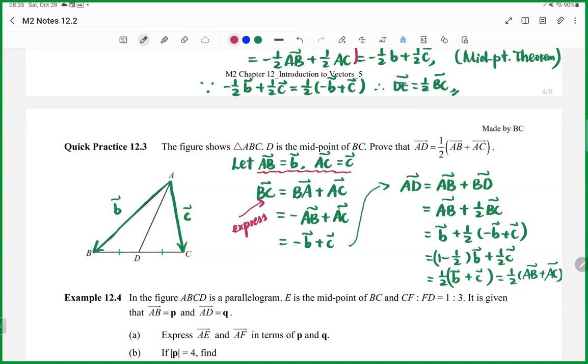BC can be C minus B. If you're faster with this, you can do it in one step: BC equals C minus B. But this is the first lesson, so let's do it slower. BC equals BA plus AC, which is negative AB plus AC, that is negative B plus C. So it's also C minus B here.